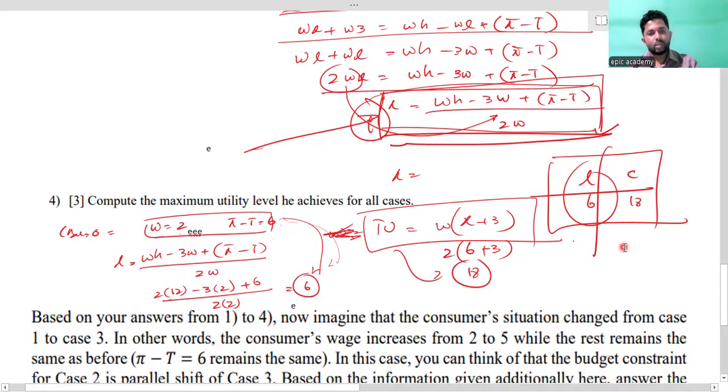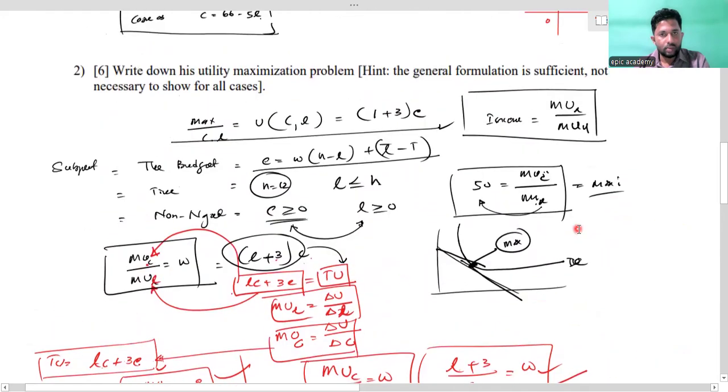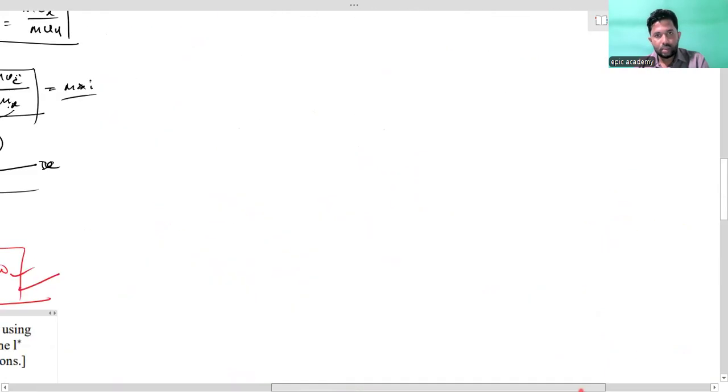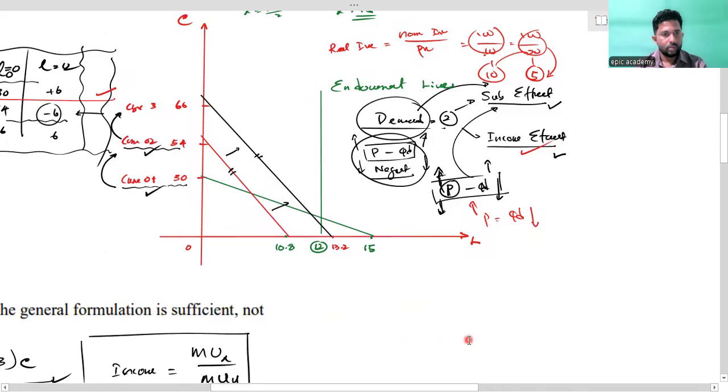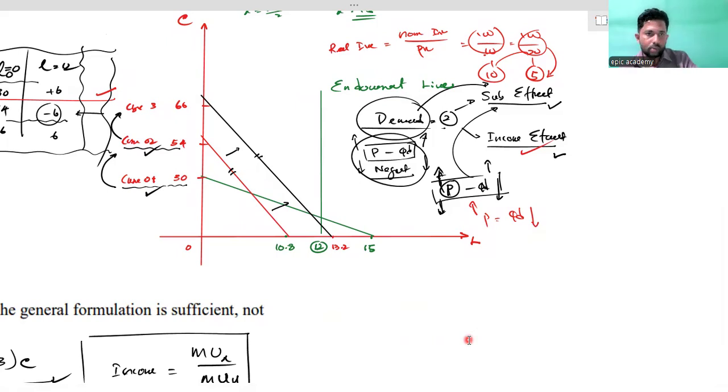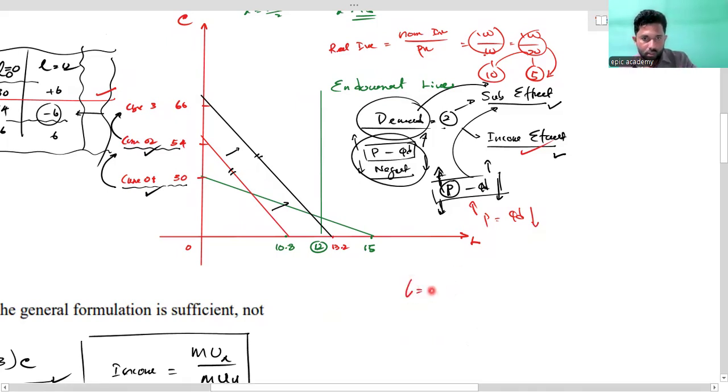And you have to put that value into the IC curve. I already created that IC curve here, this one. I will put only one IC value. It is already calculated as L equal to 6, C equal to 18, at case number 1.